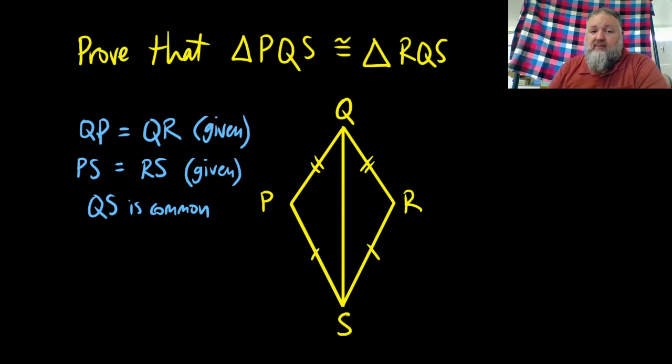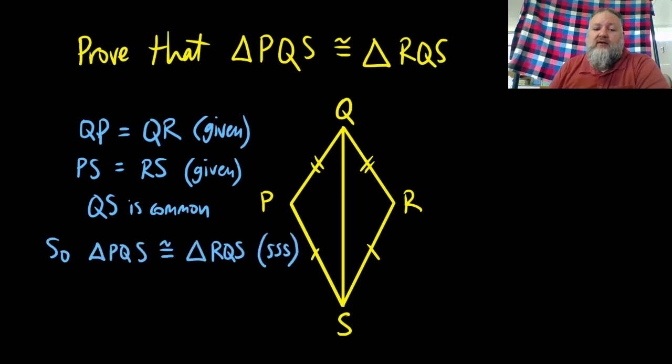So here we've got a side that is the same, and a side that is the same, and a side that is the same. So we can say that those two triangles are congruent, and this is really important, you have to say the reason. The reason here is side, side, side.